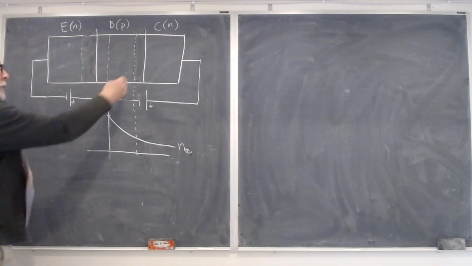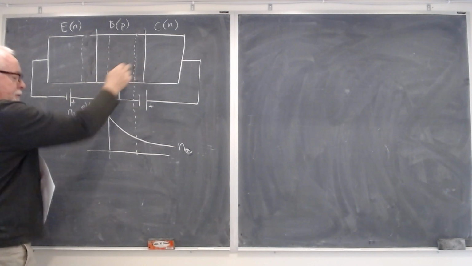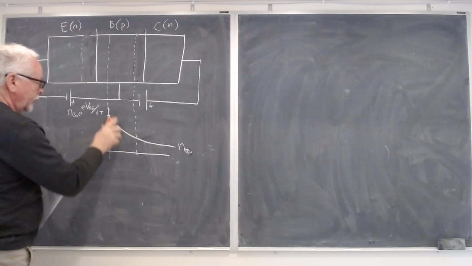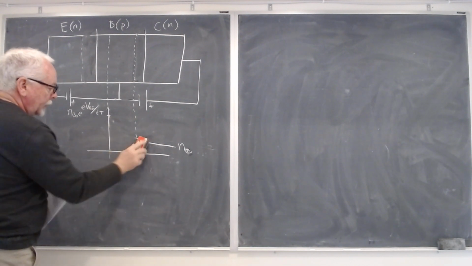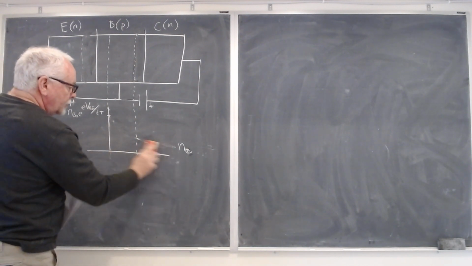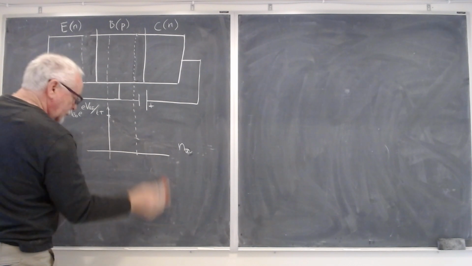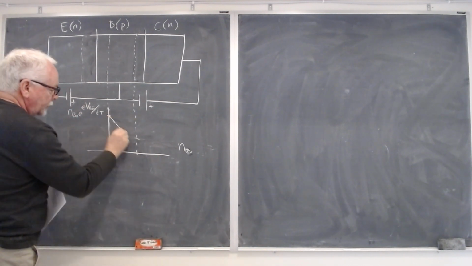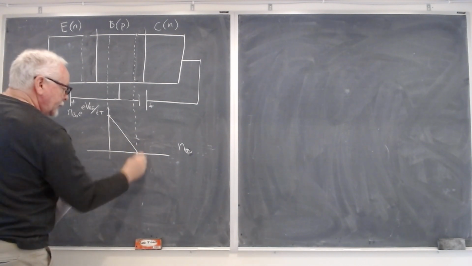One way is to think of this reverse biased junction as like a vacuum cleaner. So instead of having our exponential, it just goes like a straight line down to 0.